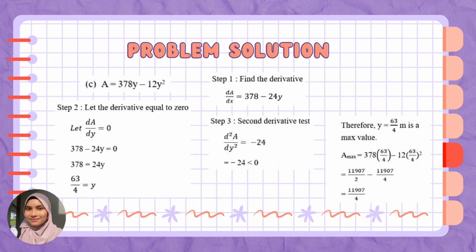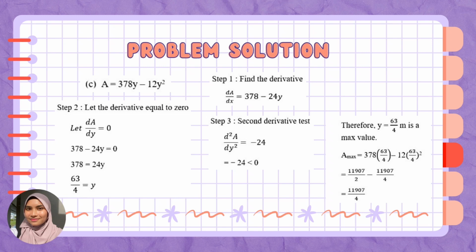Okay, so for question C, the question asks us to find the maximum area enclosed. So we have the area, which is 378y minus 12y squared. The first step is to find the derivative of the equation. Differentiating 378y will get us 378 and differentiating 12y squared will get us 24y.